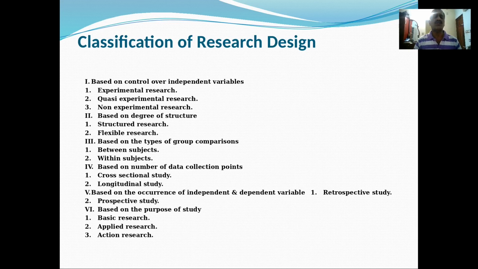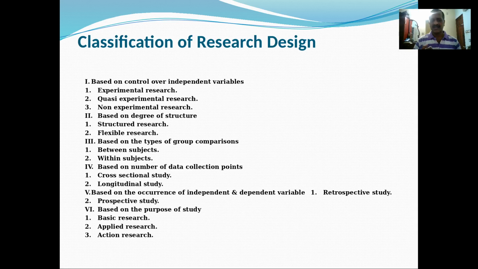Without the knowledge of the researcher, nothing will happen. Even small minor fluctuations or changes are not possible because everything is under the strict control of the researcher. Even the independent variable and extraneous variables, everything is fully controlled by the researcher. So that is the experimental research.